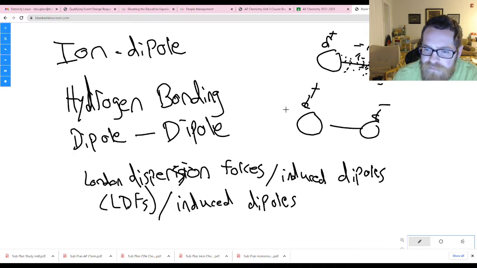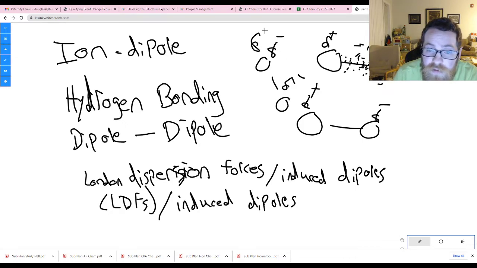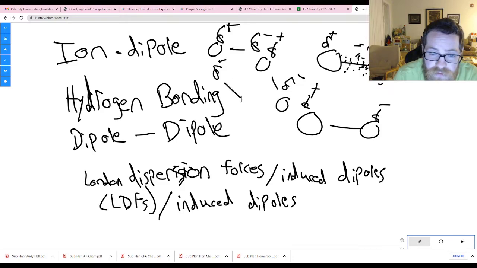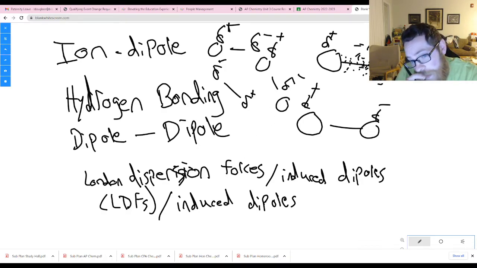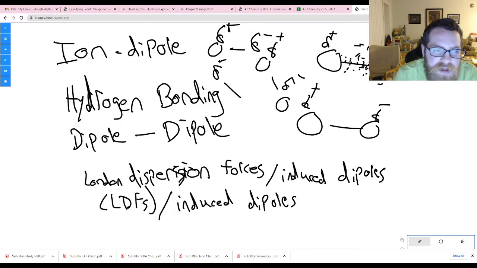If I have another one of them, then I'm going to have another side that's a negative right here with a positive end, which gets attracted to a negative end, which leads to a positive end, which is attracted to a negative end, which leads to a positive end, and you keep going on and on like that, all of them linking up with this positive and negative attraction.